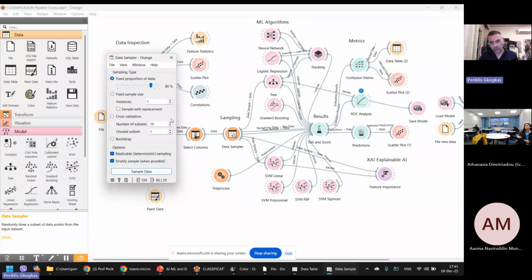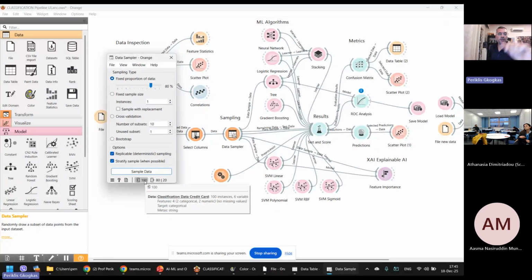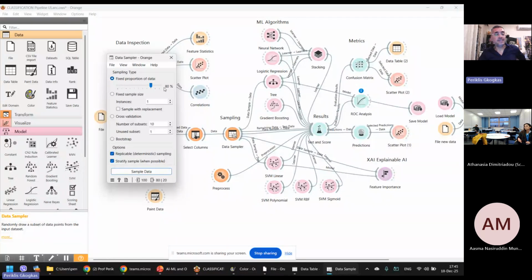So usually what we do in machine learning is that, let's say in this case, as you can see, the whole data set includes 100 observations. What we do is separate the training set from the validation set. The training set usually is like this, 80% of our original data set.